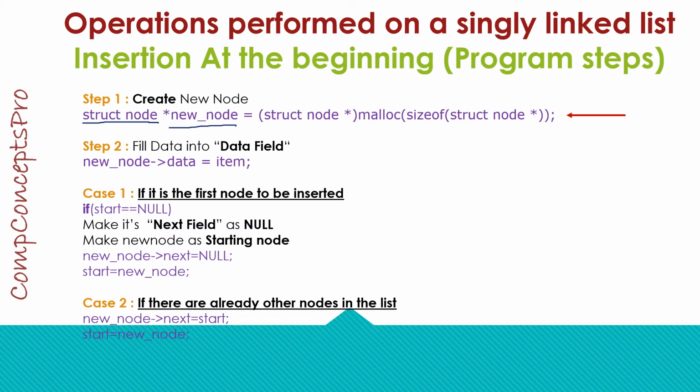You can give any name of your choice, like node to be inserted, etc. After that comes the C++ built-in function malloc to allocate the memory size of the new node. Then the second step is to assign data to the new node, which can be done by writing this.